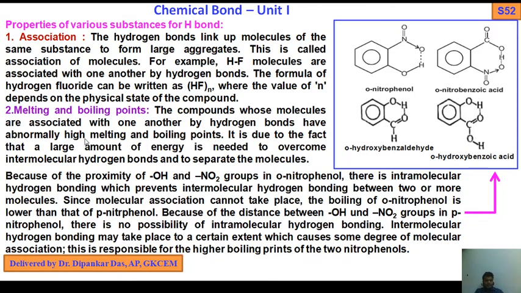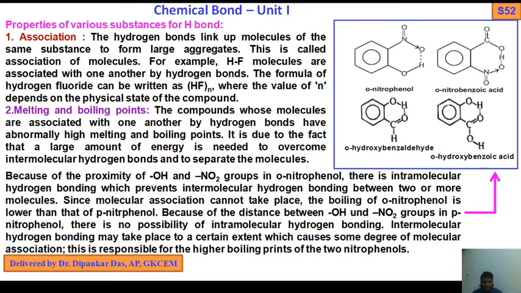Number 2 is melting point and boiling points. The compounds whose molecules are associated with one another by hydrogen bonds have abnormally high melting and boiling points. It is due to the fact that a large amount of energy is needed to overcome intermolecular hydrogen bonds and to separate the molecules.